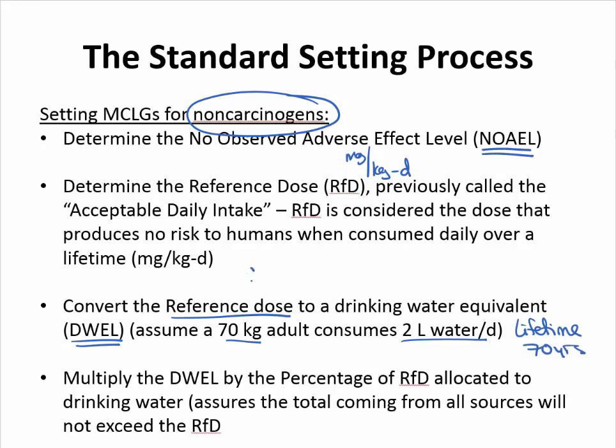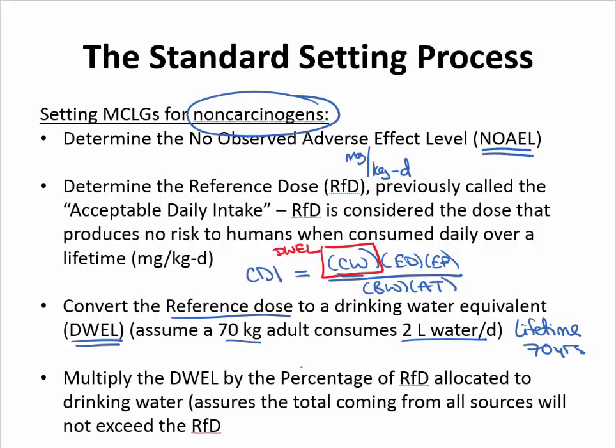If you look at the CDI calculation, you can determine the concentration of water times the exposure duration, the exposure frequency, etc., divided by the body weight and the averaging time, which here would be 70 years. So using the reference dose and those assumptions, you can find the DWEL, or drinking water equivalent.